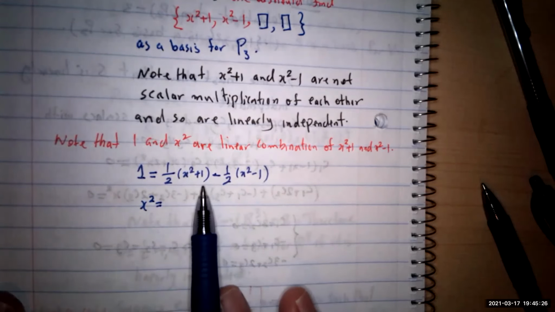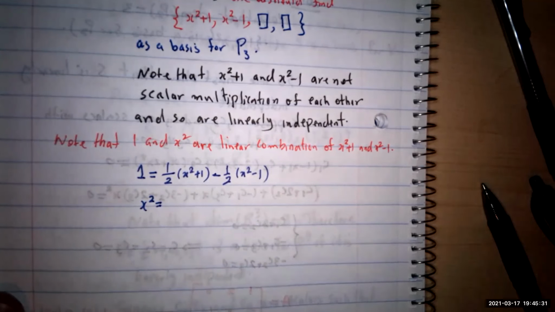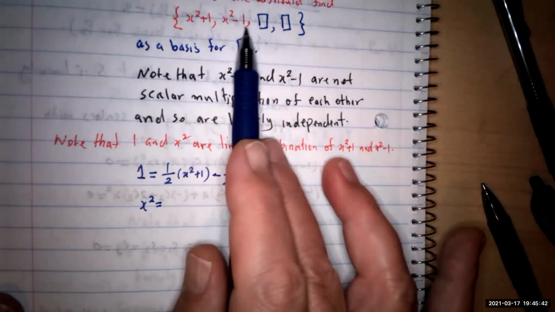To get this number, it is going to be a linear combination of these two again. So the x squared would be out, because it is a linear combination.